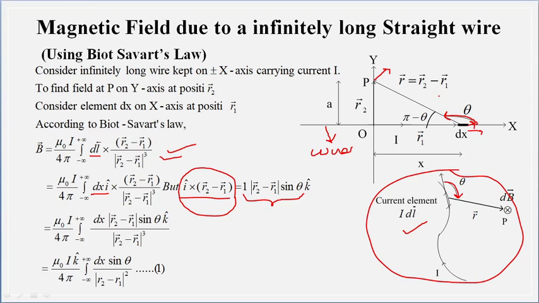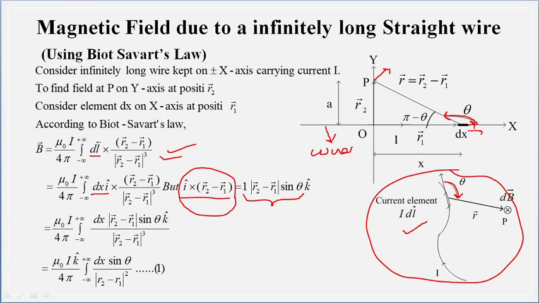So take your right hand and keep the four fingers curled from the first vector to the second vector, and then the thumb will point in the direction of the cross product. When you curl your right hand fingers in this direction, the thumb will point out of the page.